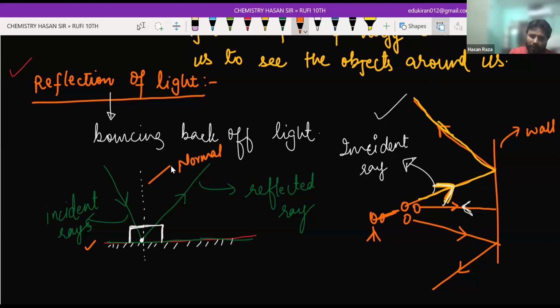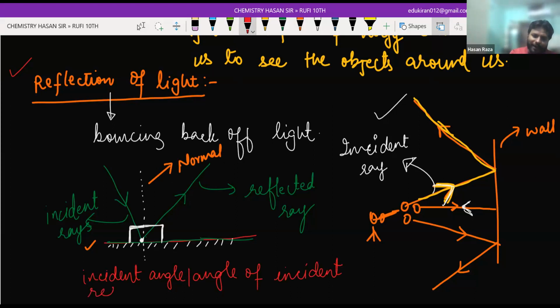Now, there are two more terms similar to incident ray and reflected ray. That is the incident angle. You can call it incident angle, or angle of incidence. The other term is the reflected angle.